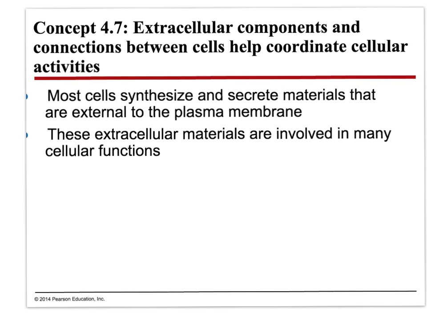There are some cells that float around on their own, like red blood cells. But guess what? They're not growing. Those cells, red blood cells, are not actively growing. So cells need to be attached to something. What they attach to is what we call the extracellular matrix.